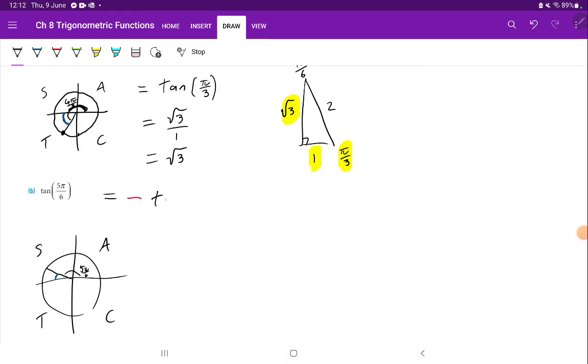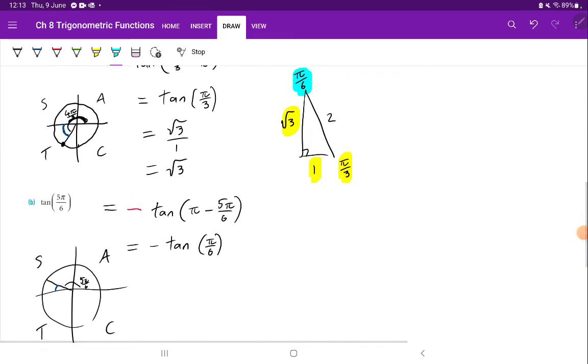And it's going to be the tan of pi minus 5 pi on 6, which is going to be minus tan of pi on 6. Oh, so same triangle as before, and it's tan, which is opposite over adjacent, which is negative 1 on root 3.